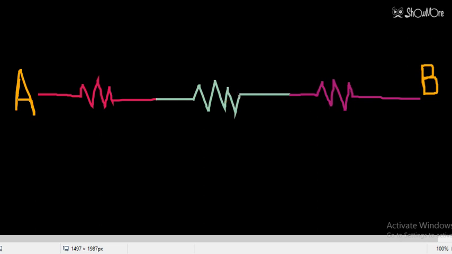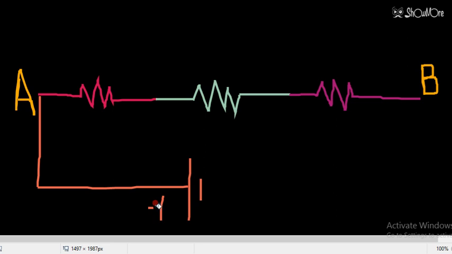If I want to find the resistance between points A and B, I will connect a battery here. You know the symbol of a battery or energy source. This is the positive terminal, this is the negative terminal. I hope it is clear to you.